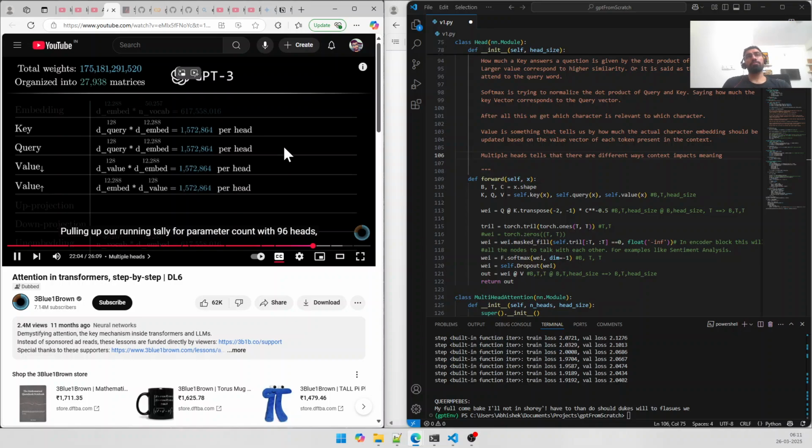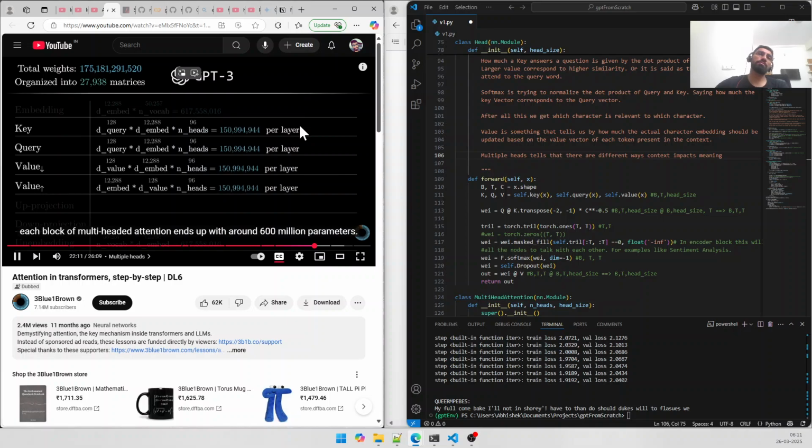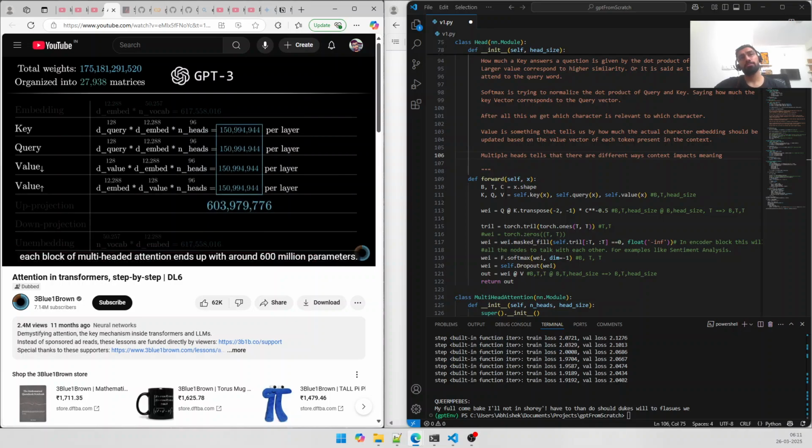Pulling up our running tally for parameter count, with 96 heads, each including its own variation of these 4 matrices, each block of multi-headed attention ends up with around 600 million parameters.